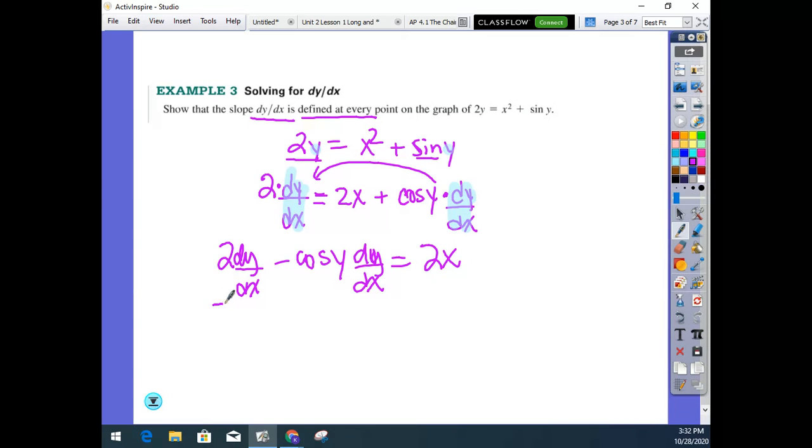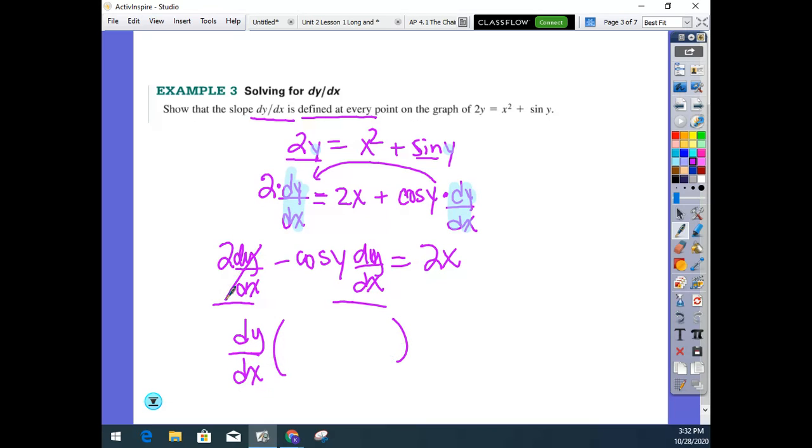Now, there is a GCF of dy dx. So I'm going to factor dy dx out of each piece. So if I factor it out of here, I'm left with 2 minus, factor it out of here, cosine y equals 2x. So I need to get dy dx by itself.